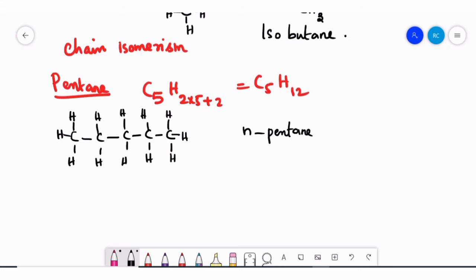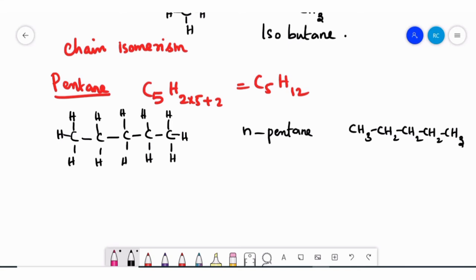So this is normal pentane, or we can write it this way: CH3, CH2, CH2, CH2, CH3. All 5 carbon atoms are written in a straight chain.